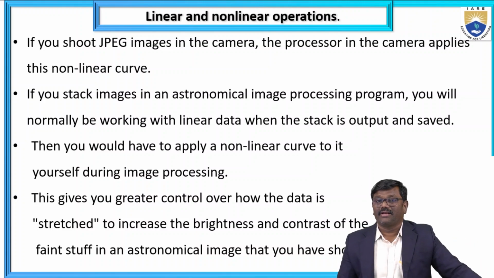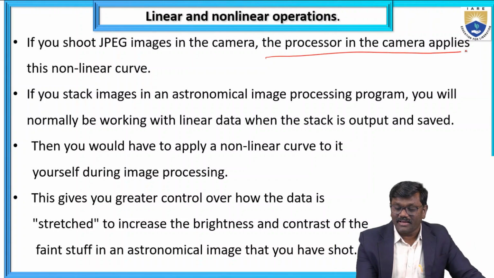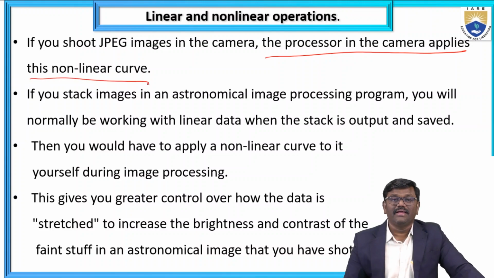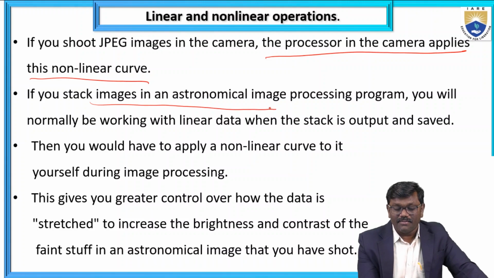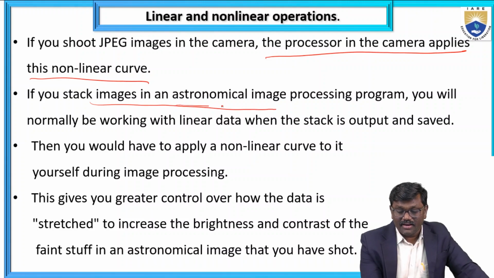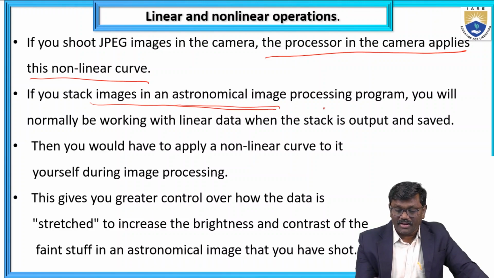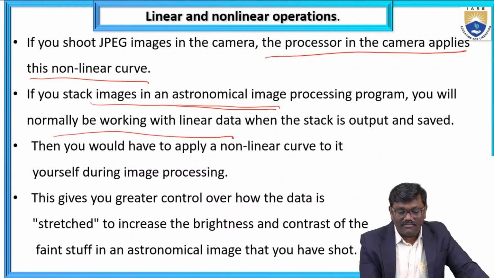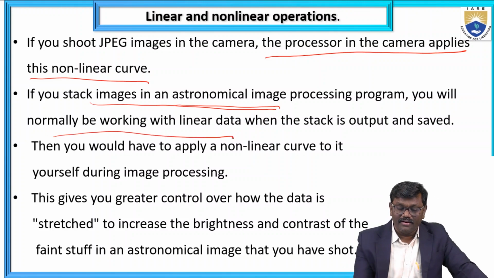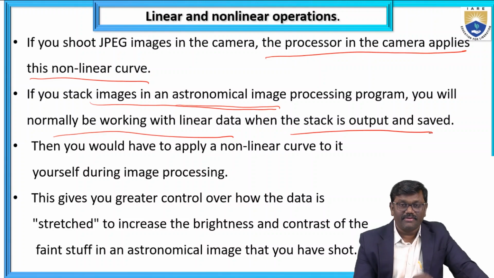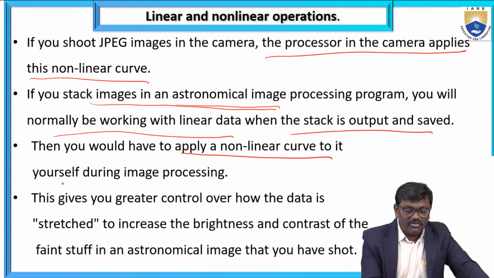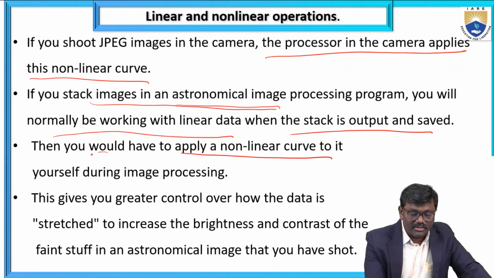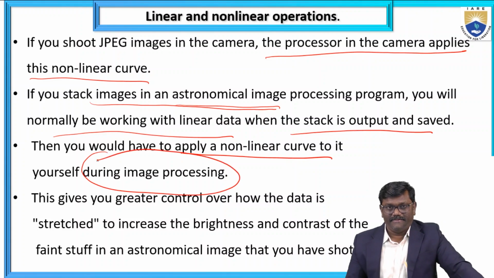That's what I have written here: the processor in the camera applies a nonlinear curve. Similarly, when you stack images in an astronomical image processing program, you will normally be working with linear data when the stack output is saved. Then you would have to apply a nonlinear curve to it. So it is your image processing knowledge that matters.